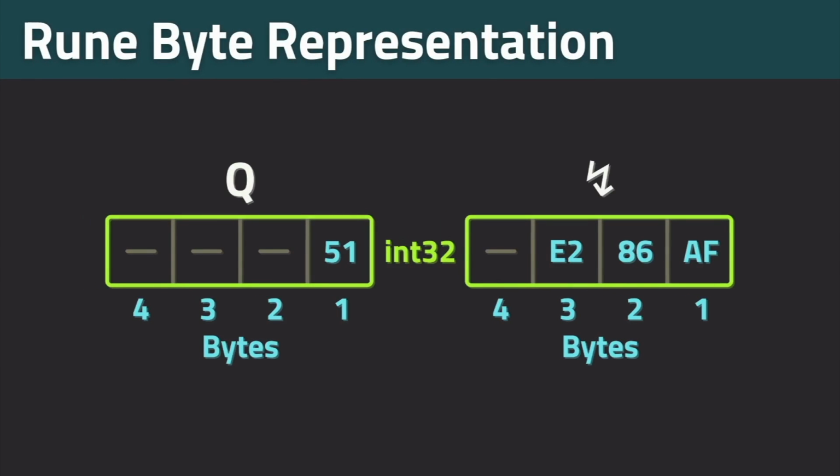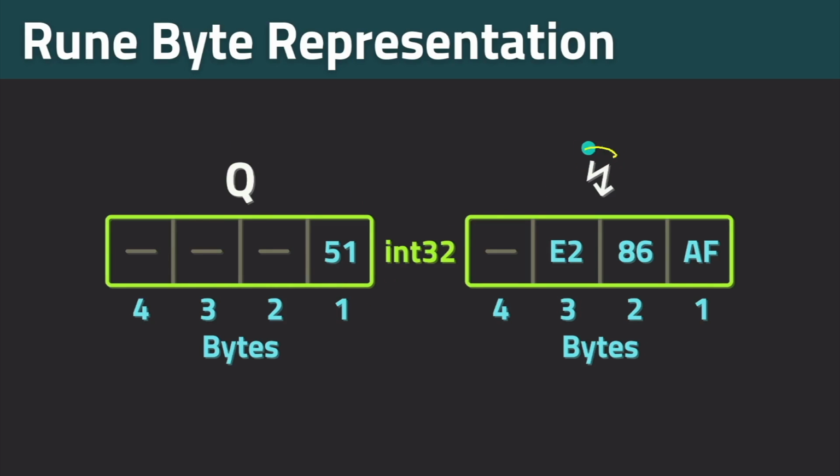Let's take a look at how runes are represented in memory. Here we have 2 green rectangles, which represent int32s. Each one of these blocks are 8 bits, which adds up to 32 bits. We have here on the bottom the number of bytes. So here's the first byte, second byte, third byte, and fourth byte of a 32-bit integer. To represent the capital letter Q, we have to have 51 in our position 1 byte.